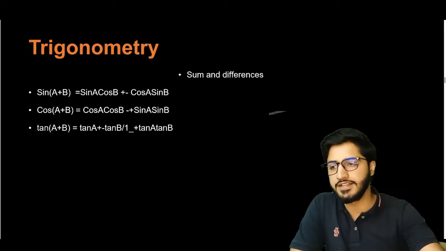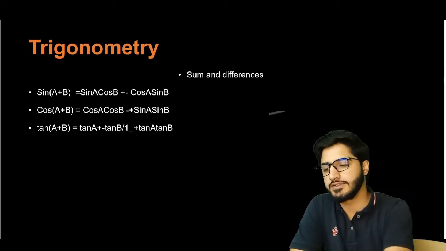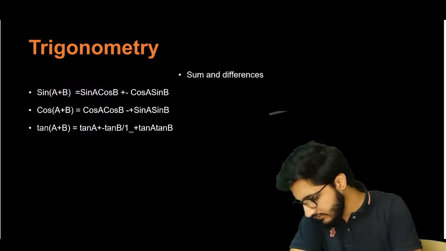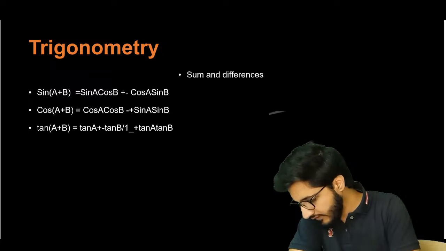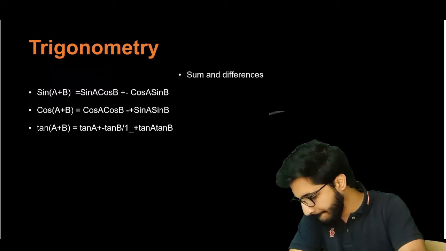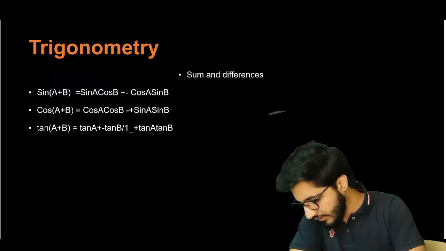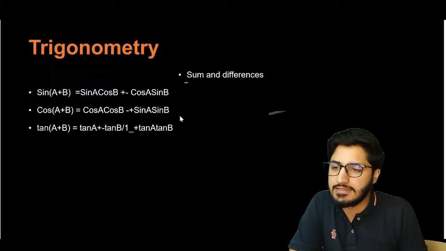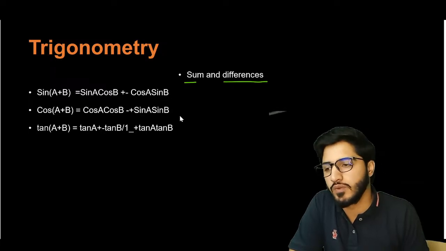Now we have some very, very important identities. If we have the sum and differences formula, what is sine A plus B?